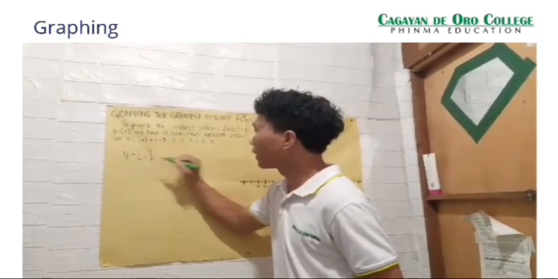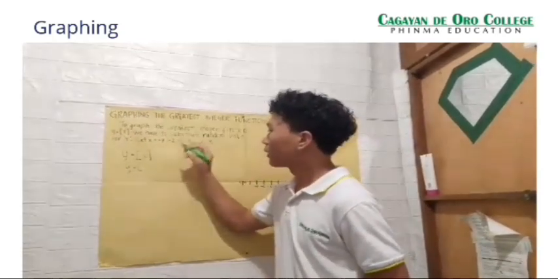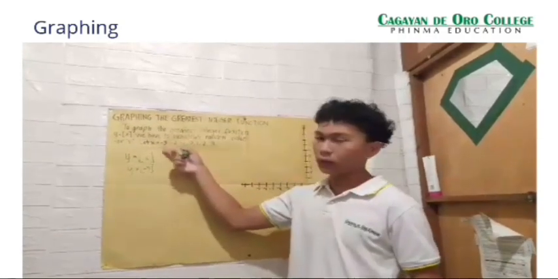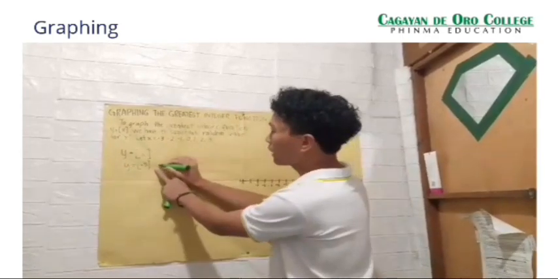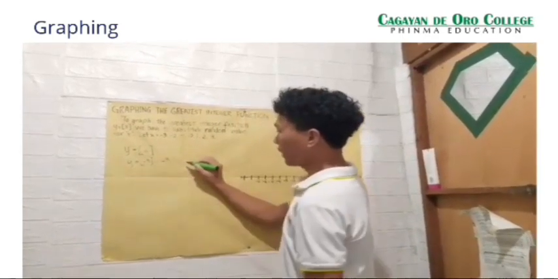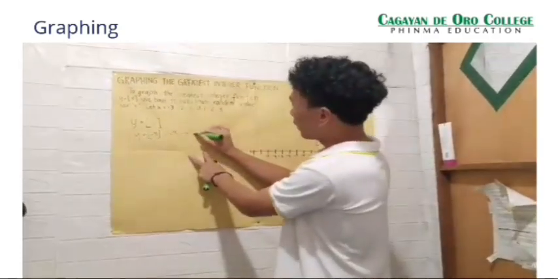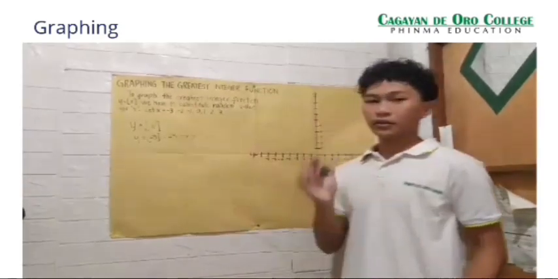First, y is equal to the floor of negative 3, right? So this one, we're just going to substitute. That is equal to negative 3, where it implies that our ordered pair is negative 3 and negative 3.